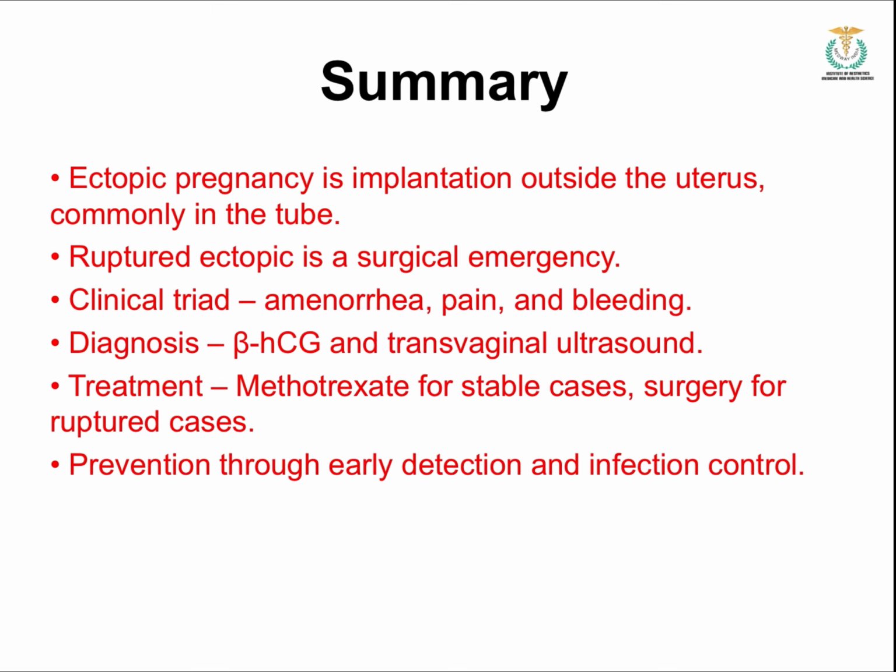You can do salpingectomy or salpingostomy, and for ruptured ectopic pregnancy or failed medical therapy, you go for surgery. Next important thing is to always resuscitate first in unstable patients and give anti-D to Rh negative mothers. Early detection is very important, and protocol care saves lives and preserves fertility when possible.